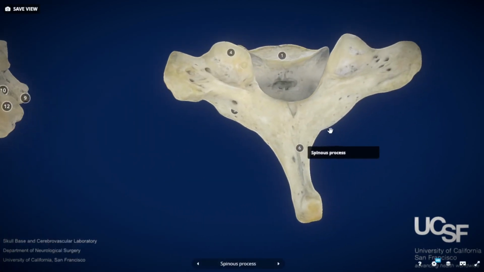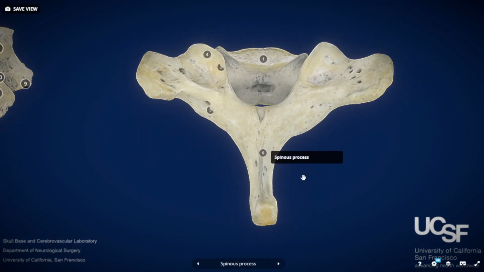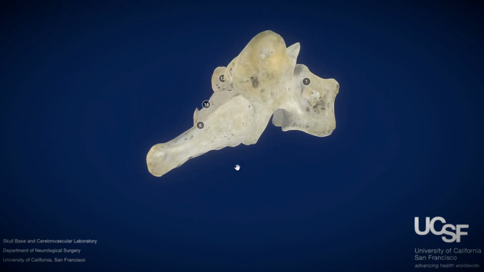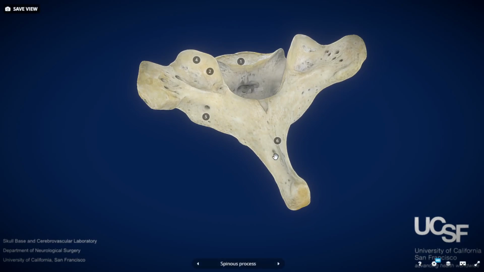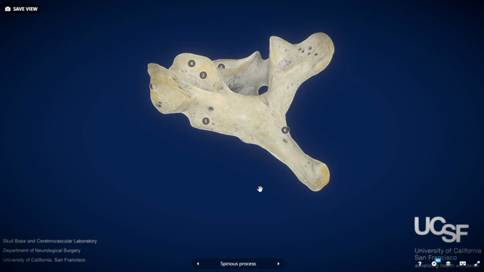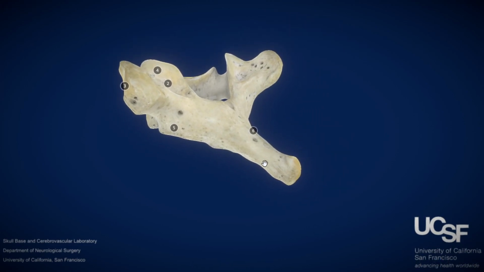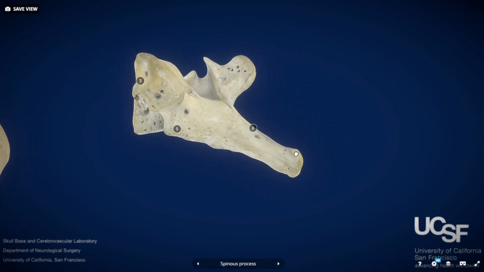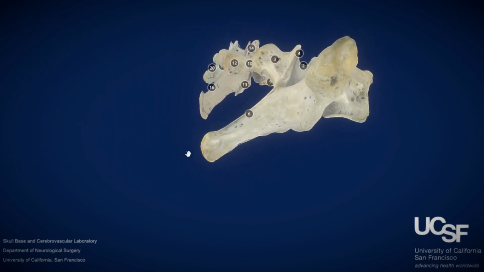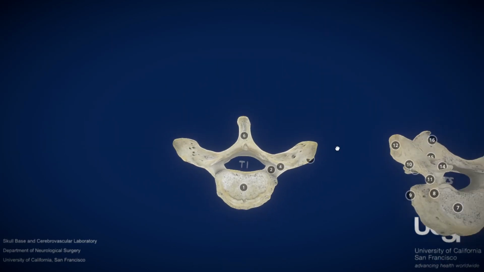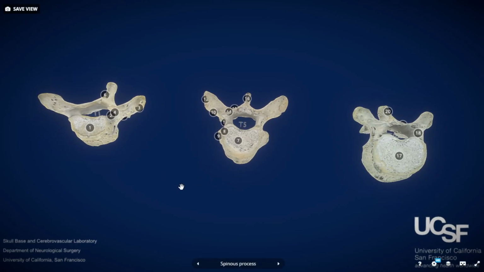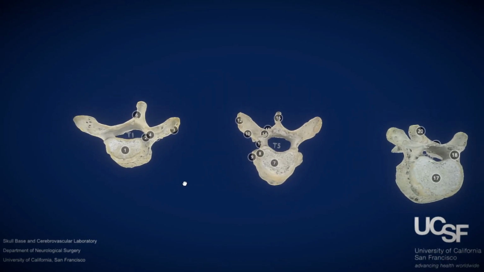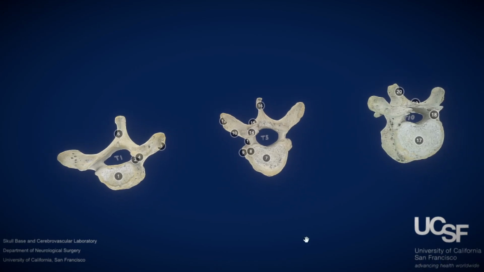And we see T1 has a long spinous process with a more horizontal projection. Let's remember as well that sometimes this tends to get an even more posterior projection than C7. So that's the overview of the different morphology of the thoracic vertebrae.